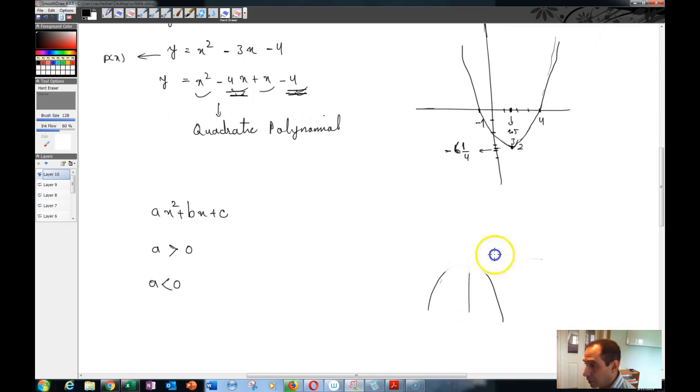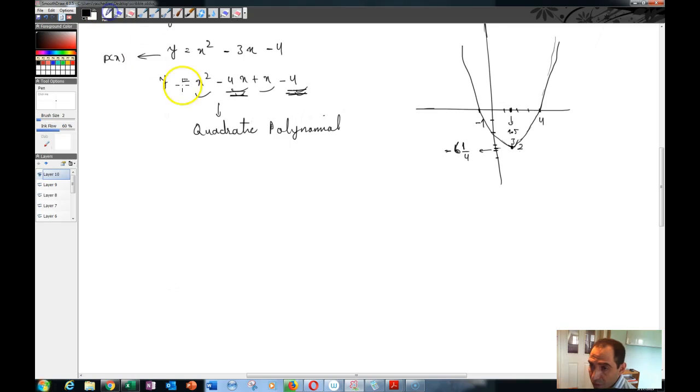Okay, so that's one thing. And then through factorization we found the zeros of this polynomial, which were -1 and +4. And as you can see, the coordinates of this point are -1, 0. The coordinates of this point are 4, 0.